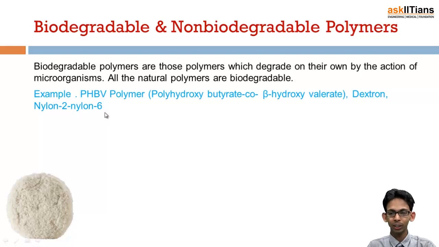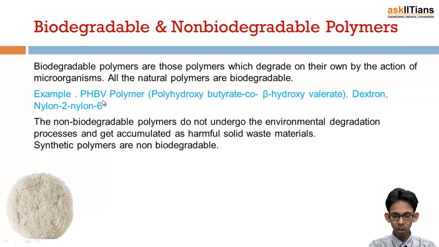These all are natural polymers, so these all are actually biodegradable. They can be decomposed by the action of microorganisms, while non-biodegradable polymers do not undergo environmental degradation by the action of microorganisms, and that is why they are harmful as solid waste and they cause pollution, because they are not degraded. They remain in the environment for a long period of time. And all the synthetic polymers are non-biodegradable, like bakelite, PVC, polyethylene.